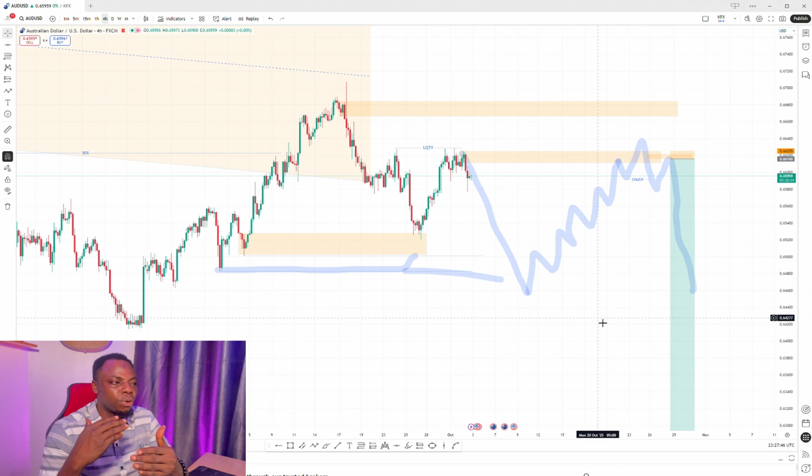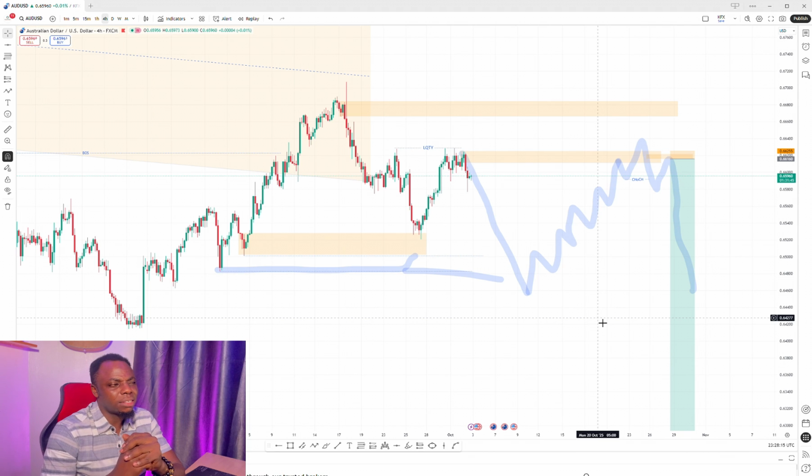And one of the best approaches to that is to make sure you have a top-down analysis of the trades you want to take. Look at what the bigger picture is saying. Look at what the institutions, look at what the banks are doing in the market so that you can also follow that same direction. With that, it will save you from taking a lot of losses before the profit will now show up. Yes, it's something that works for me, which I believe can also work for you.